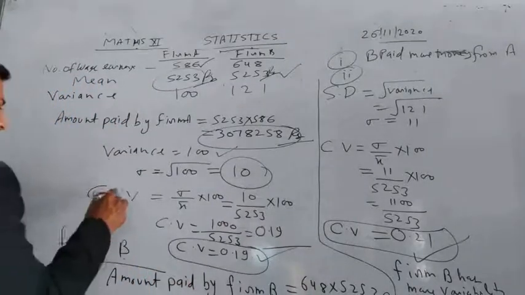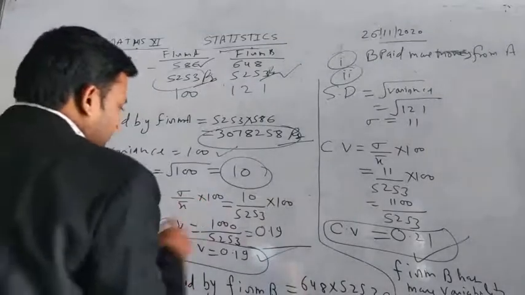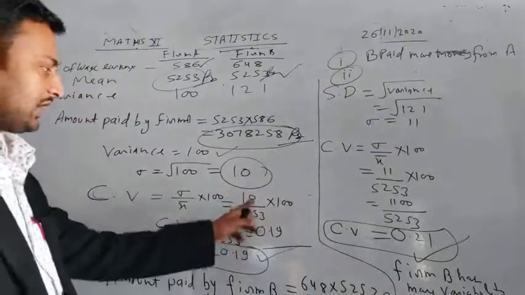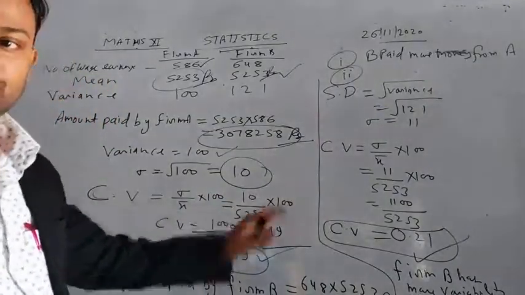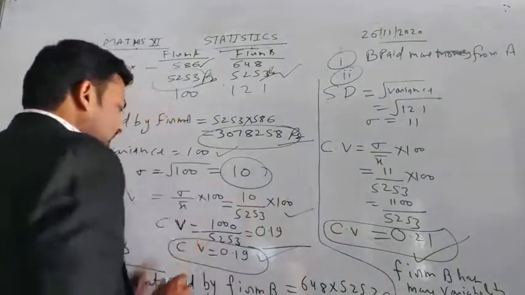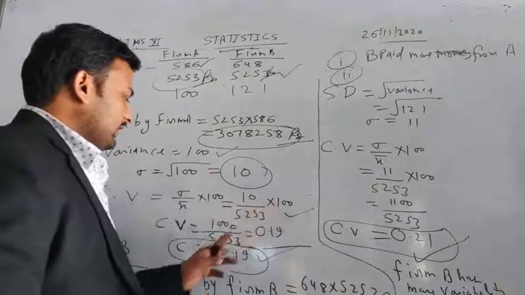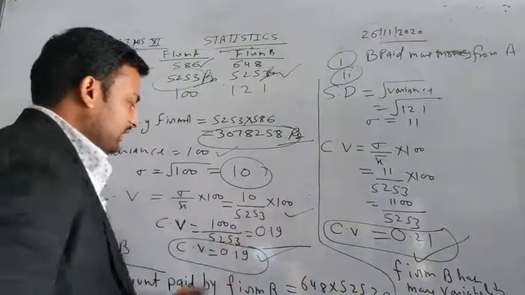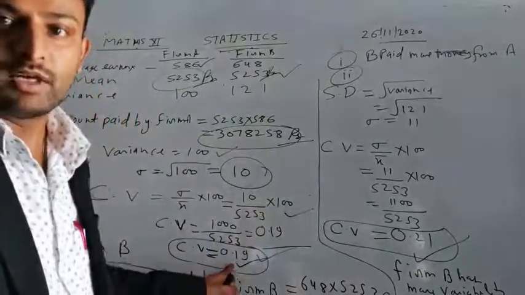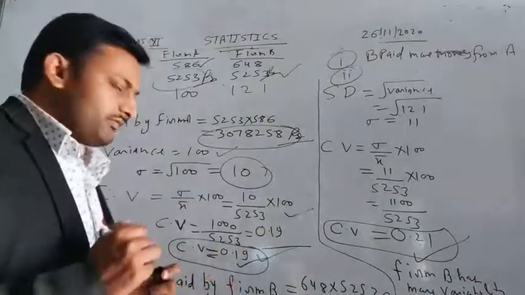And coefficient of variation is equal to sigma by x bar into 100, which is equal to 10 into 100 divided by 5253, okay. Now the coefficient of variation will be 1000 divided by 5253. So our coefficient of variation for firm A will be 0.19.